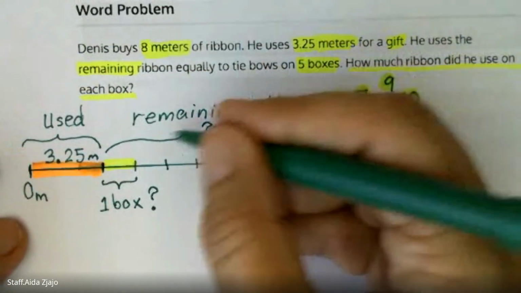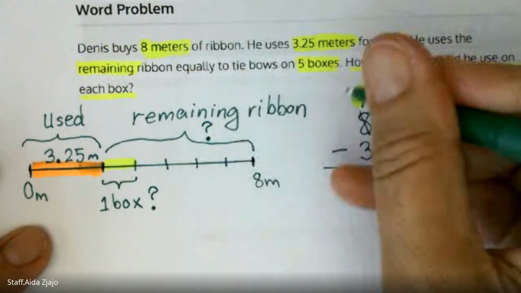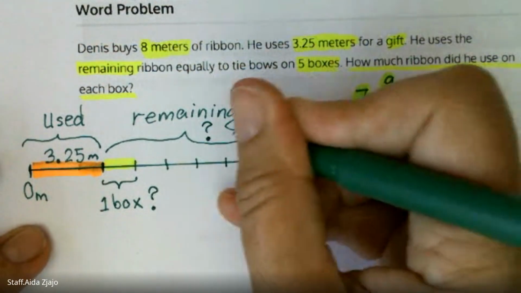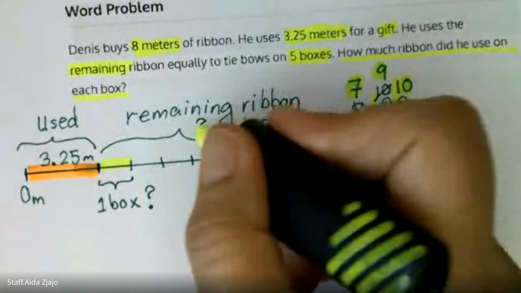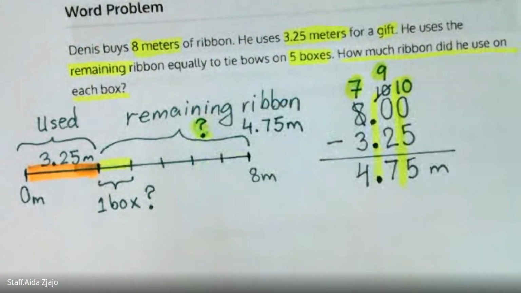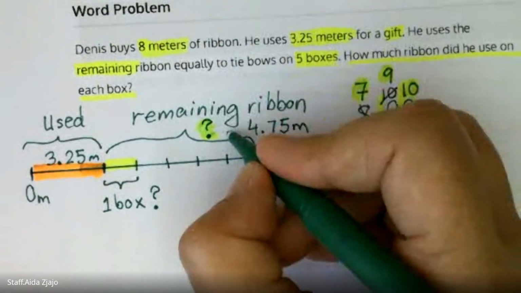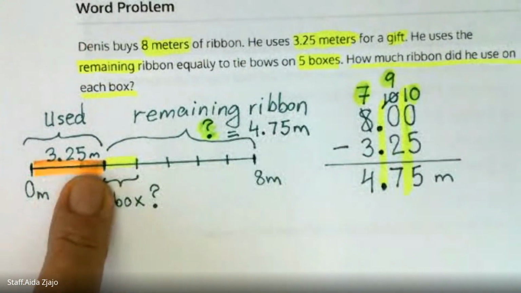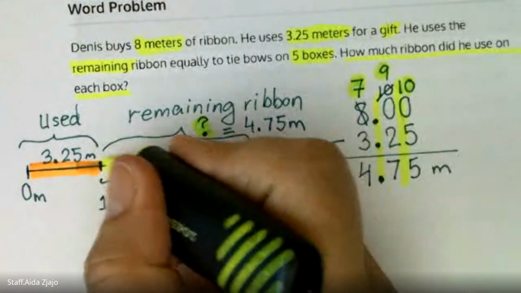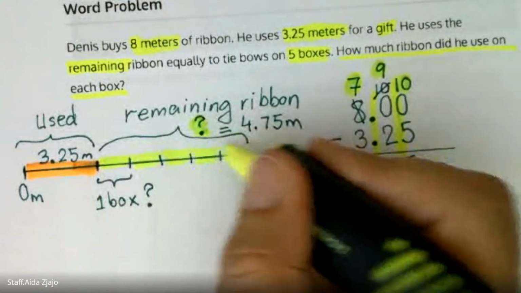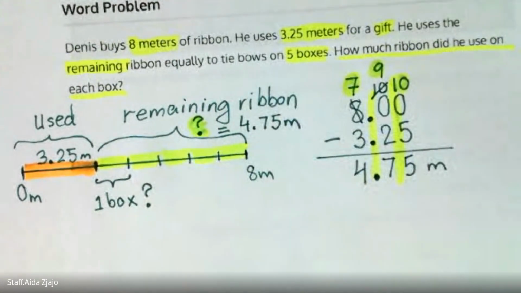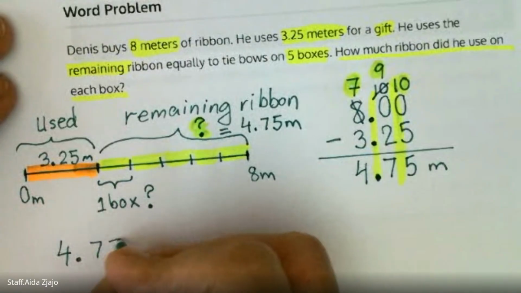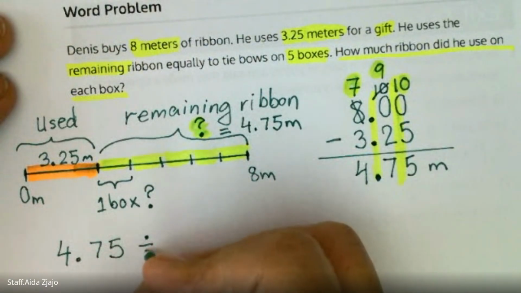Right now we know that the remaining is 4 and 75 hundredths meters. That was our remaining part. The next step is that we need to cut that remaining into 5 boxes. So this remaining, 4.75, is divided into 5.